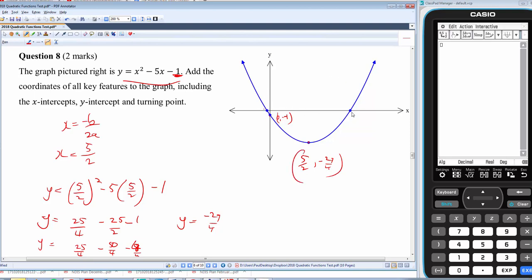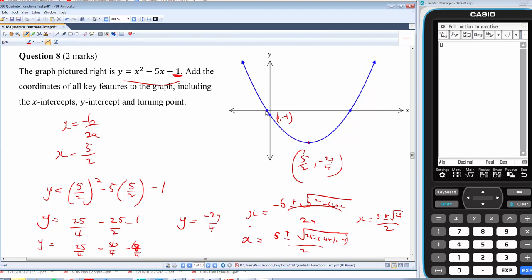Right, so the last thing we need is the x-intercepts, and it's not looking good for the cross method, so this is going to be a quadratic formula. So x equals negative b plus or minus the square root of b squared take 4ac all over 2a. x equals negative b is 5 plus or minus the square root of b squared, 25 take away 4 times 1 times negative 1, all over 2. x equals 5 plus or minus root 29 on 2.